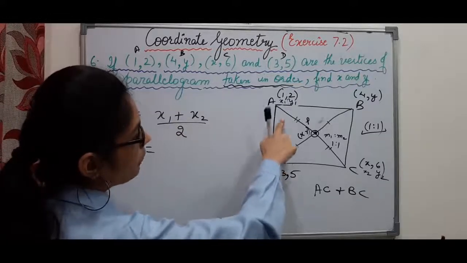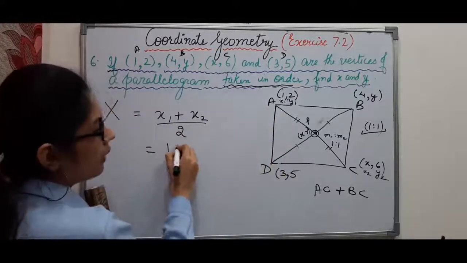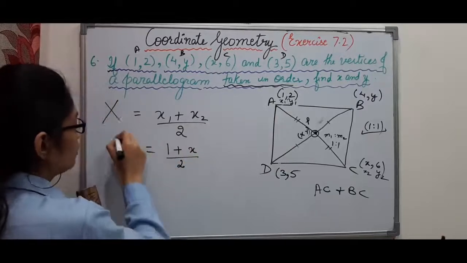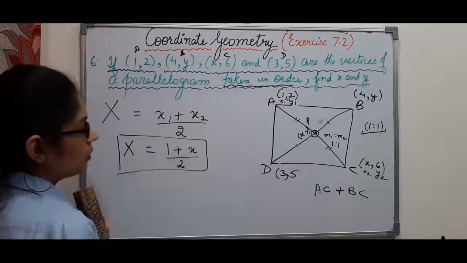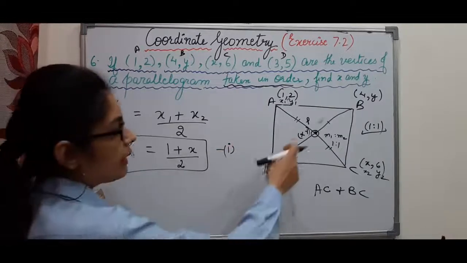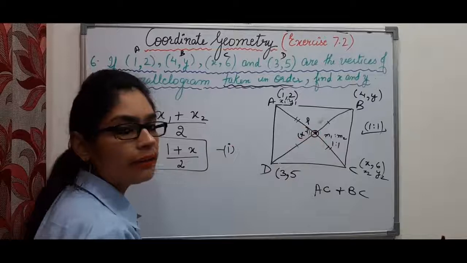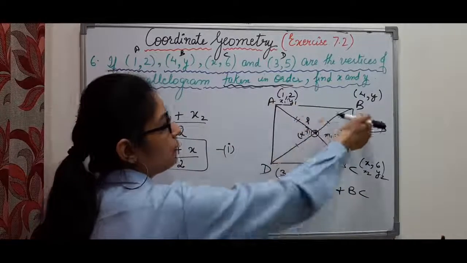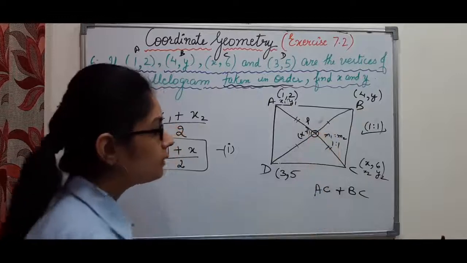Now x1 is 1, x2 is x, upon 2. We can mark this point as 1. See, these coordinates are the same because this is a common point for line AC and also for line BD. So it will remain the same.